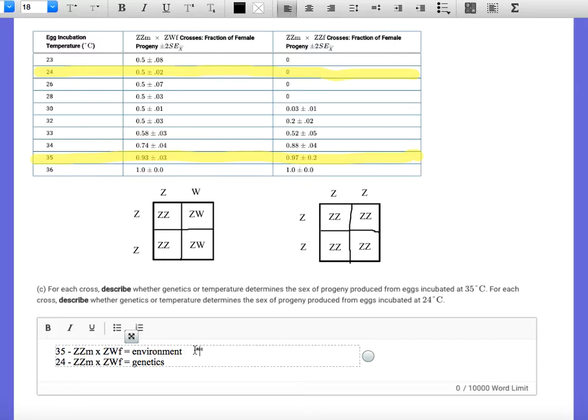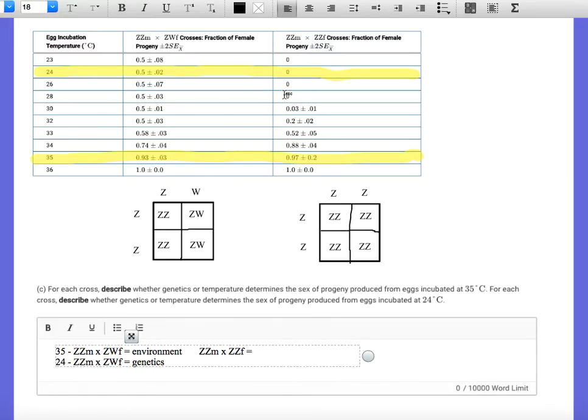But this other one, ZZM times ZZF, looks like to me, honestly, there's no genetic effect, because you have to remember that ZZ can be either male or female depending on temperature. So it looks like it doesn't matter at all what the Punnett square is. It's just that at lower temperatures, they're all male.